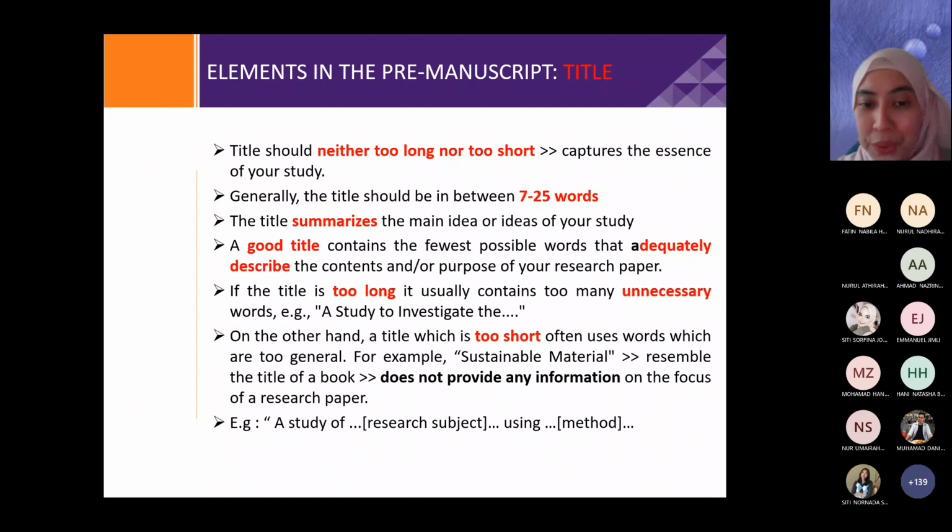If you have a book, then you may use a general term because you will cover all types of material that is sustainable, but not in a particular research that is in your manuscript. It is a very focused research, all right? So you must know your subject matter in your research.